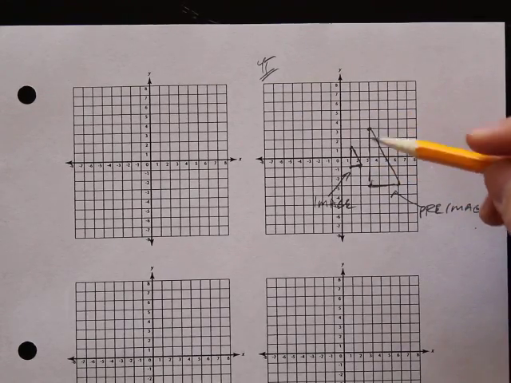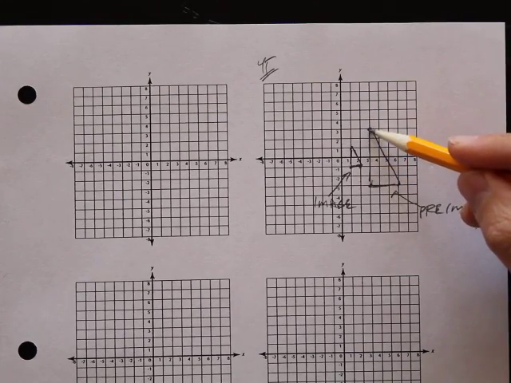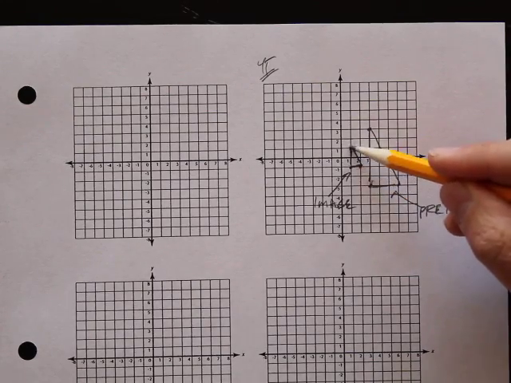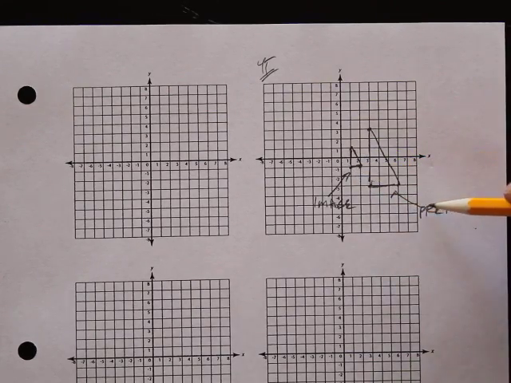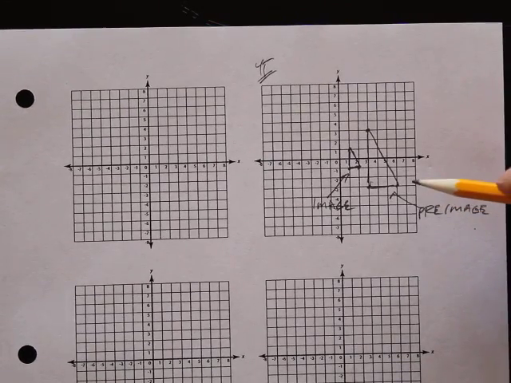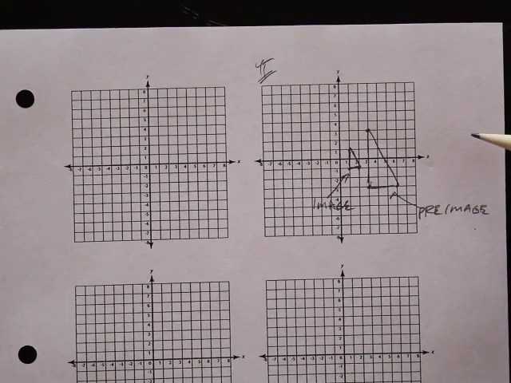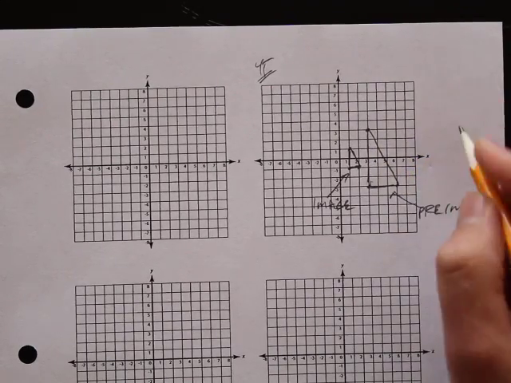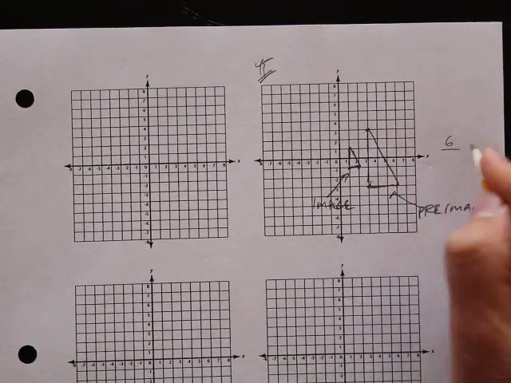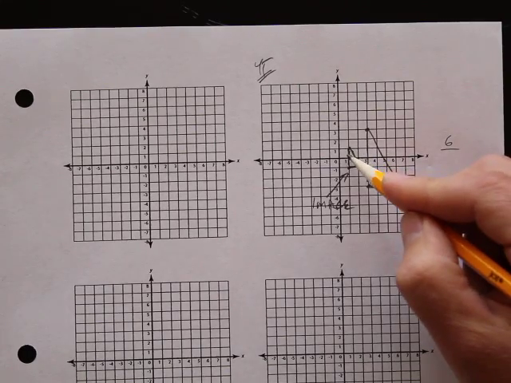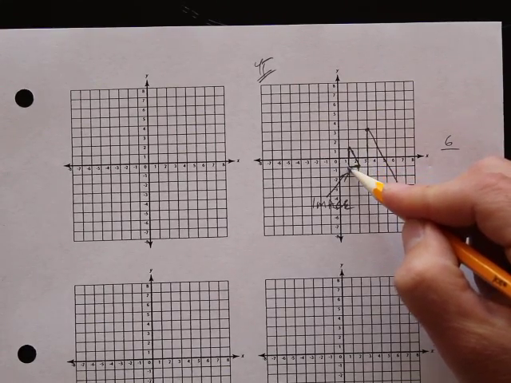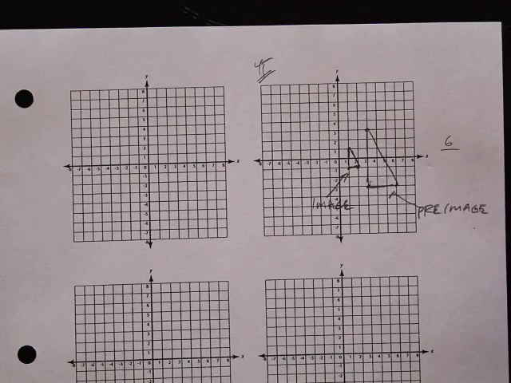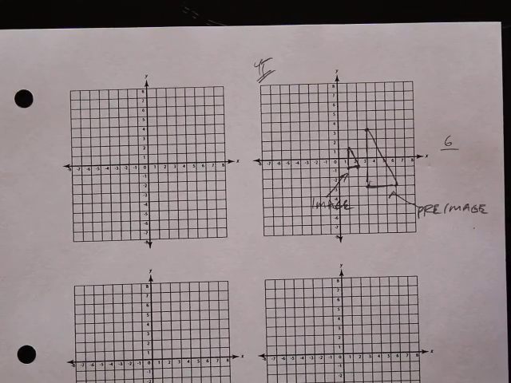Let's pick this side here, and the corresponding side here is this one. So my pre-image is the one that goes on top. So 1, 2, 3, 4, 5, 6. So 6 goes on top. That's the pre-image. And then 1, 2 is the image. Oh no, did I say the pre-image goes on top? Sorry, the pre-image goes on bottom.